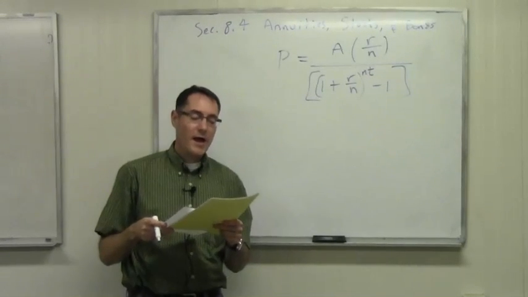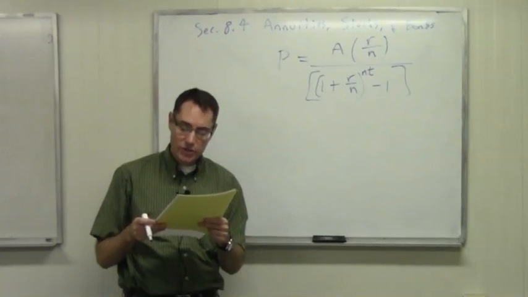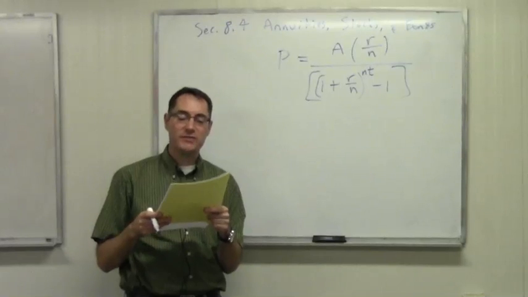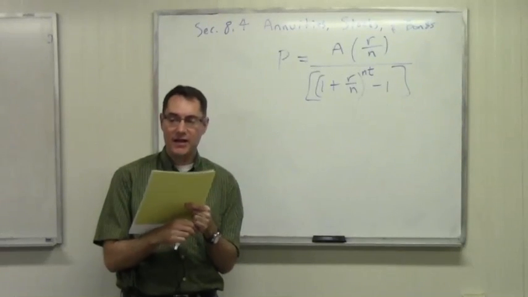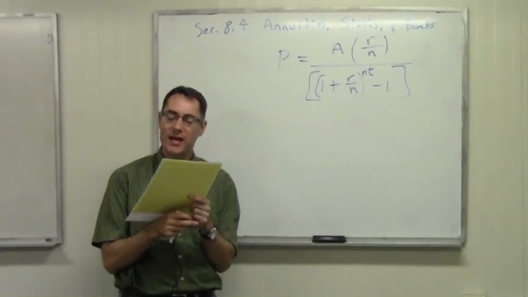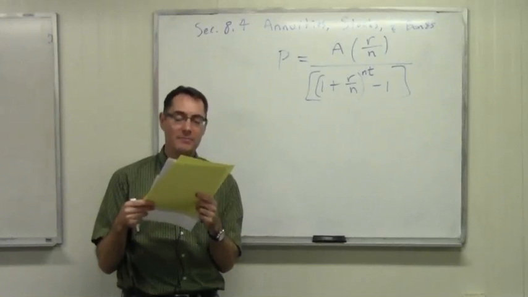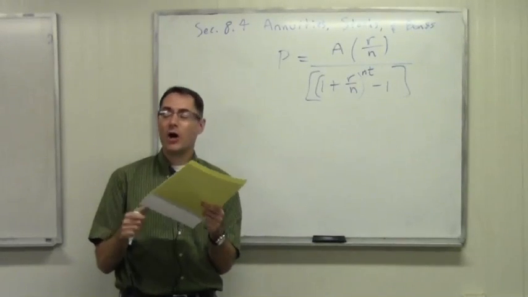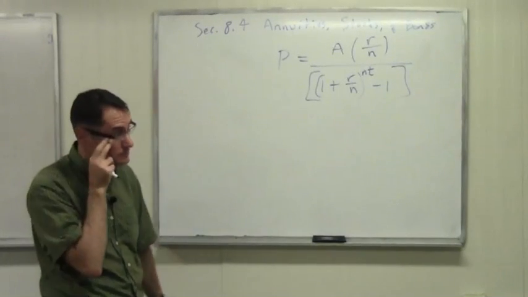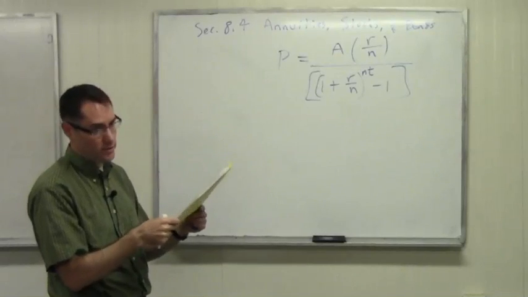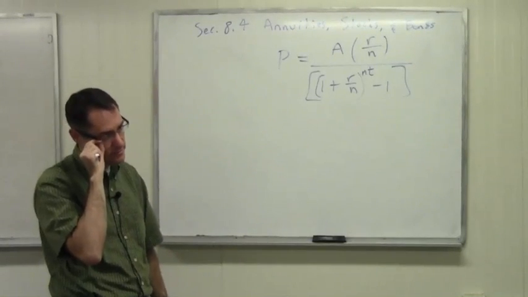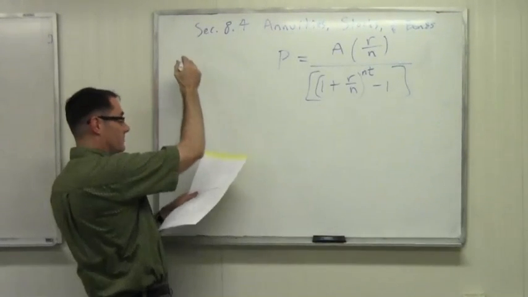OK? How much do you need to invest at the end of each month in an annuity earning 3% interest compounded monthly, I'll write this down, in order to have $150,000 after 10 years? 10 years now. OK, you ready? Here's the question.